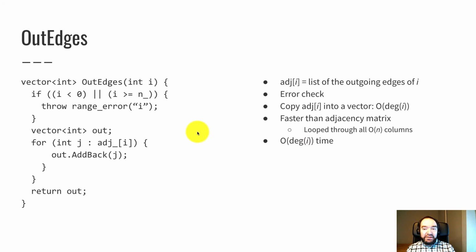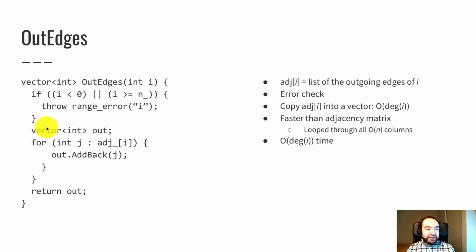Okay, outEdges. Now, this is what we were hoping to speed up. So let's see if that actually happened. What we're trying to do is compute all of the outgoing edges starting at vertex i. So we've got another one of these range checks to make sure i is a legal index. Basically what we want to do is go to edge of i, which is a singly linked list of outgoing edges of i, and make a copy of all of those elements, but the data type is specified to be a vector, so we just need to copy that linked list into a vector.